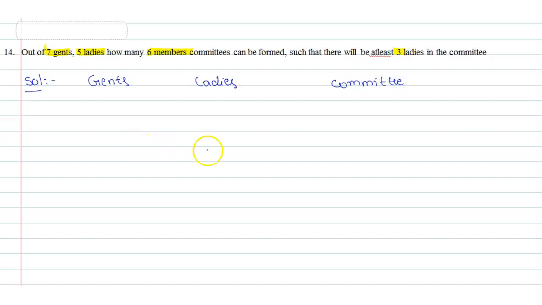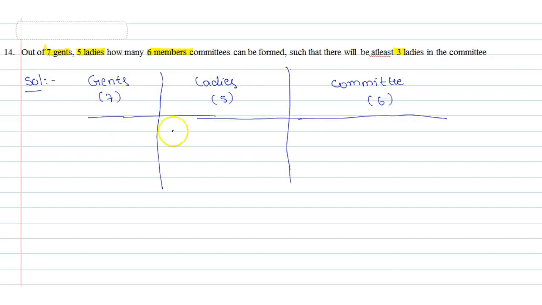Okay? Alright. So here total we have 7 gents and 5 ladies. The committee is of 6 members. Right. So the condition is there: minimum 3 ladies in the committee.